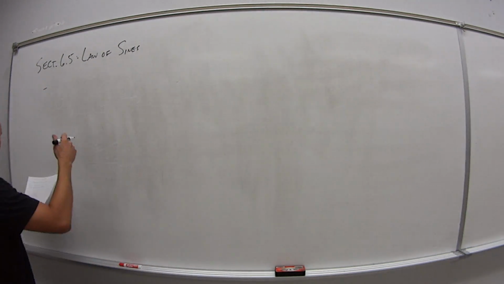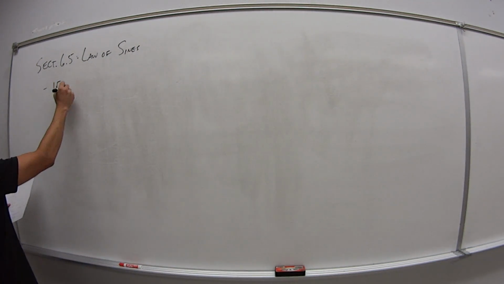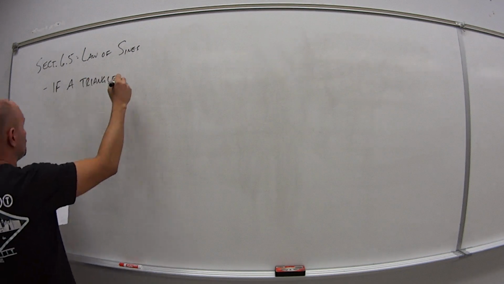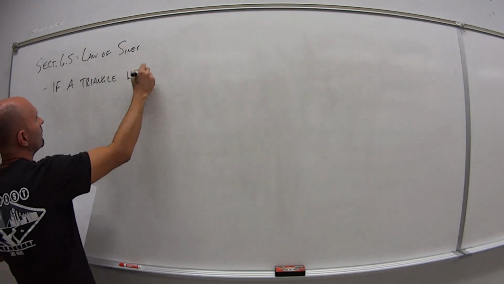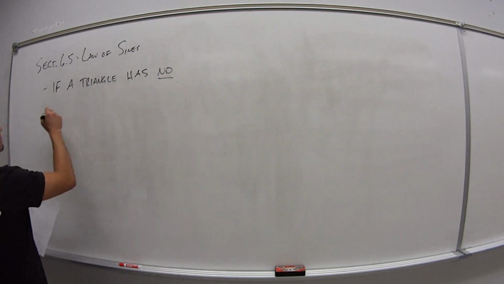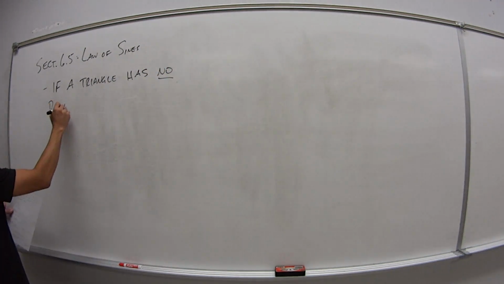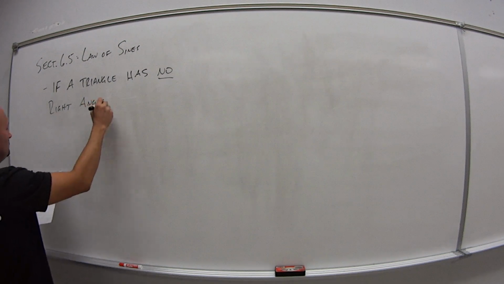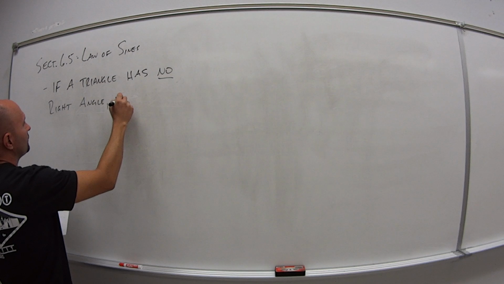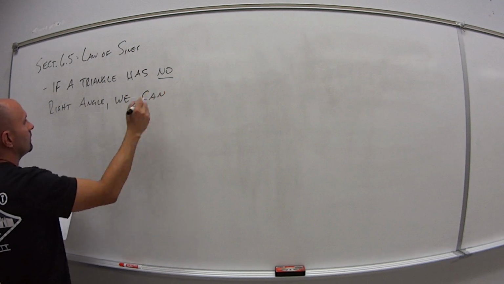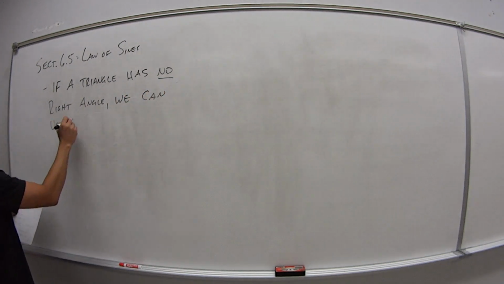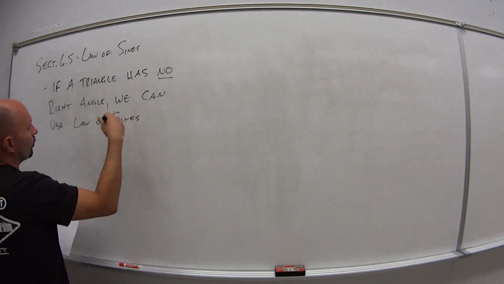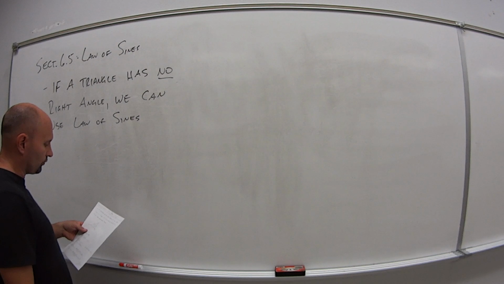If we don't have a right angle, so if a triangle has no right angle, we can use law of sines, or, as we'll see in the next section, law of cosines.